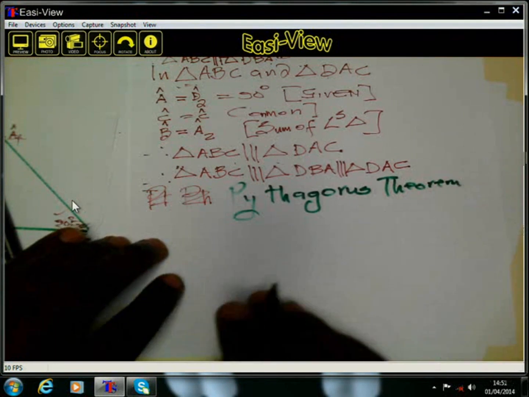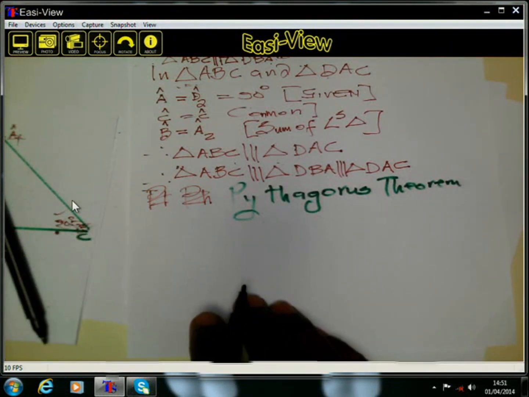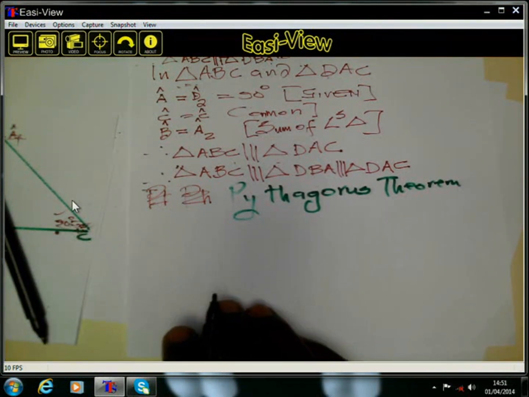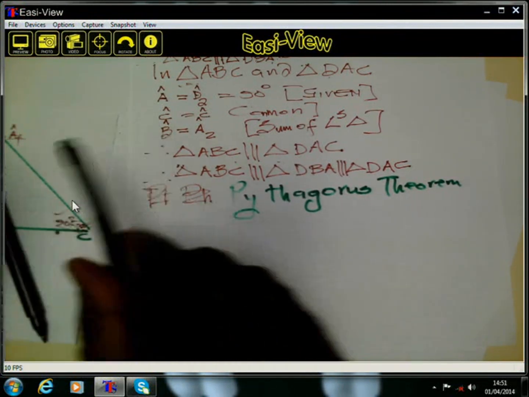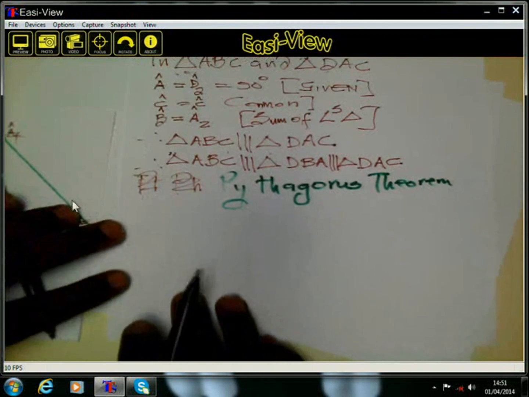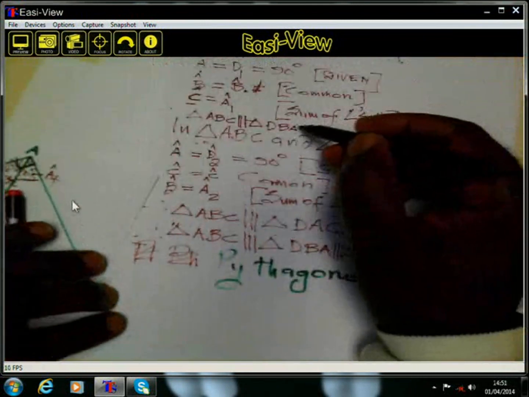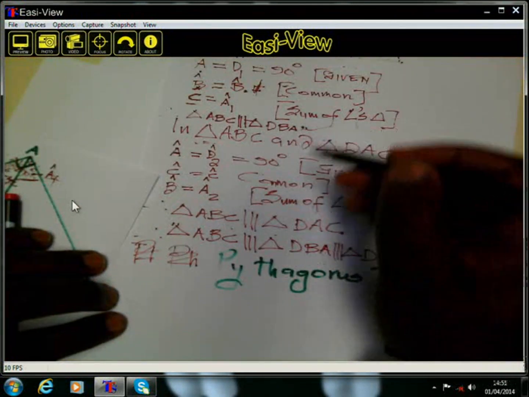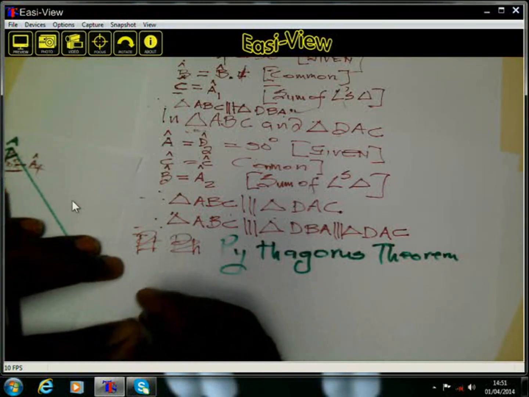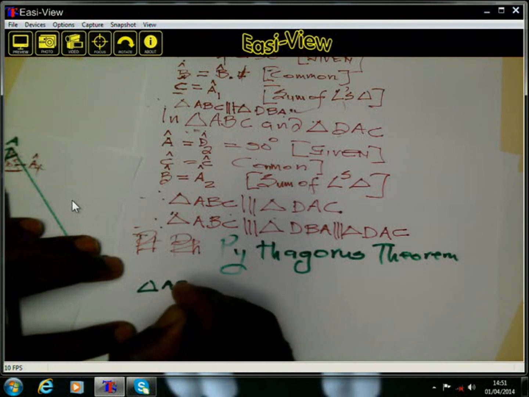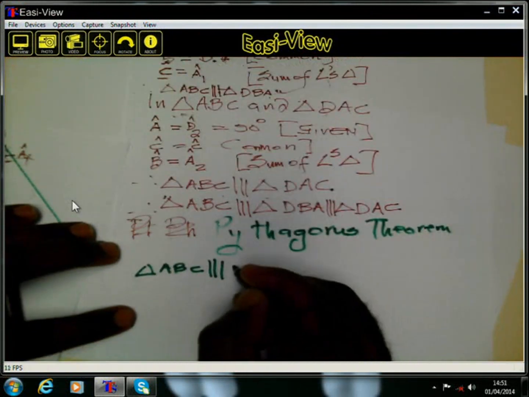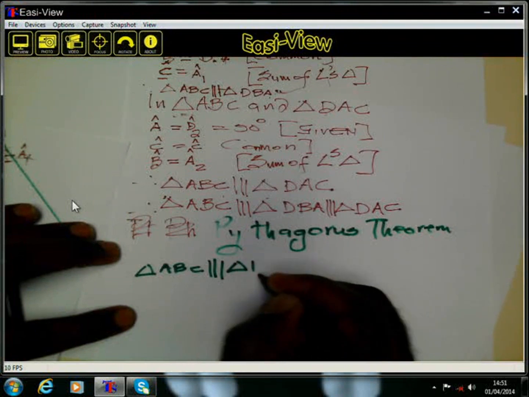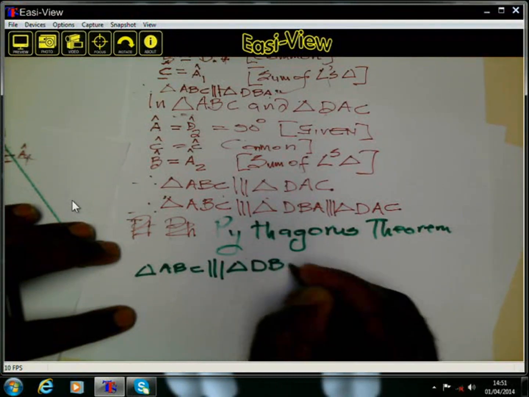Now, learners can ask, why do you say this? I want us to go back to our first conclusion, of the first two triangles, which read as triangle ABC being similar to triangle DBA.